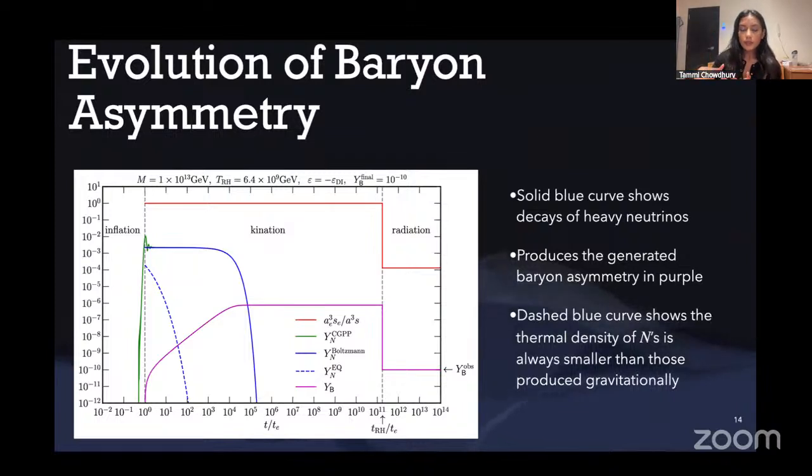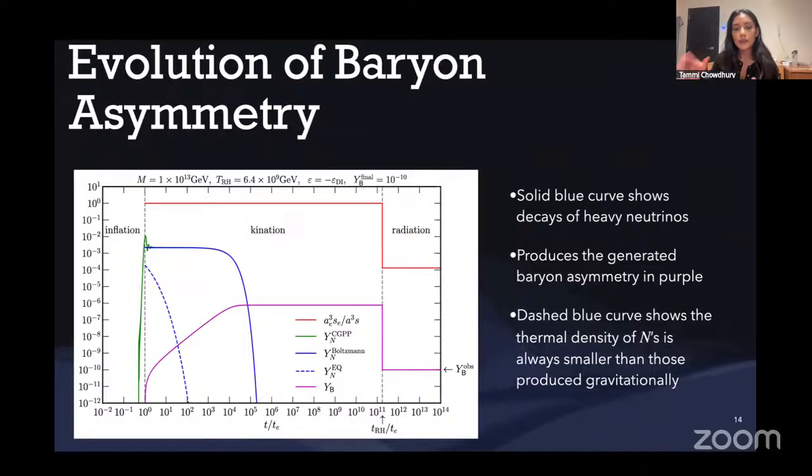As the blue curve is decaying, these neutrinos are decaying, producing the lepton asymmetry, which subsequently produces the baryon asymmetry shown in the purple curve. And in the blue dashed curve, we see the equilibrium number density of these right-handed neutrinos. As expected, this curve is always significantly lower than the number density produced gravitationally, or non-thermally. So it also reinforces the fact that the washout effect shouldn't be so relevant for us.